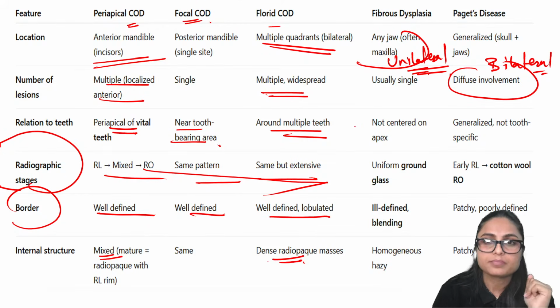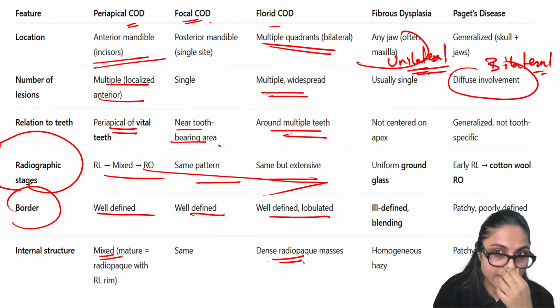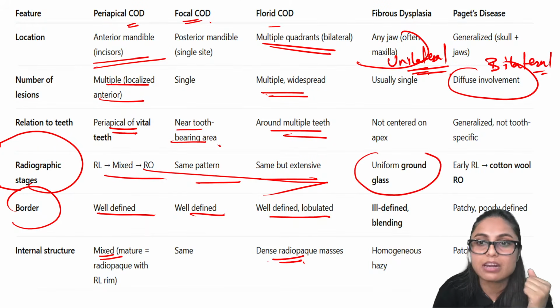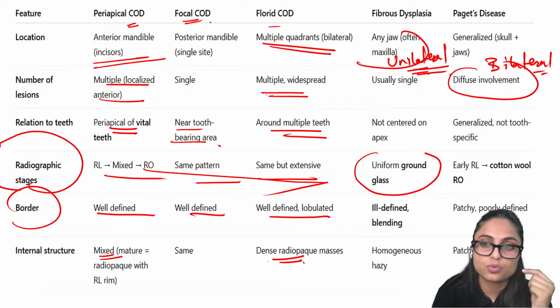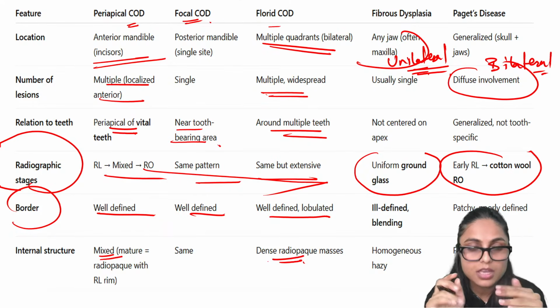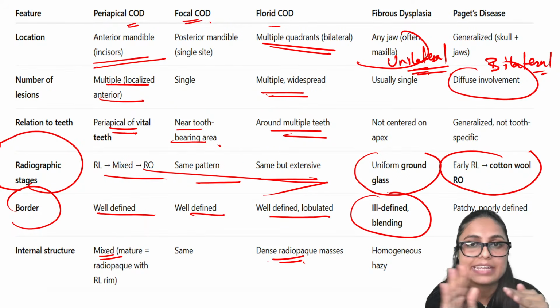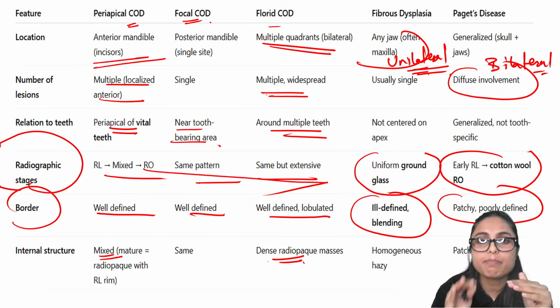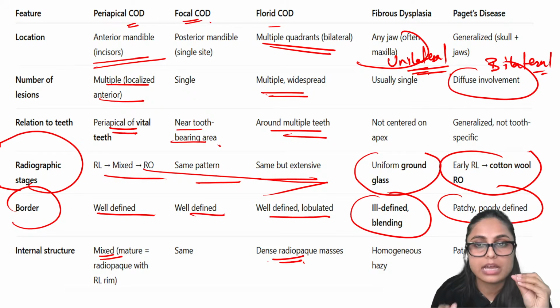In fibrous dysplasia, the appearance is ground glass appearance, an important differentiating point between these two. Here we get a cotton wool radio-opaque appearance. The border of fibrous dysplasia is ill-defined or blending. Here we can see patchy, poorly defined bony sclerosis. I'll show you the picture, you will get a clear idea of it.